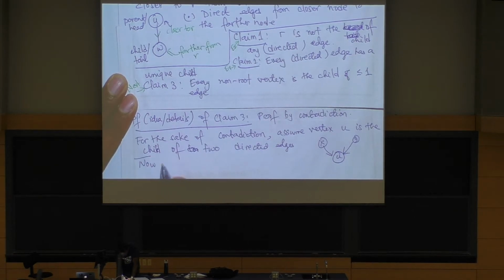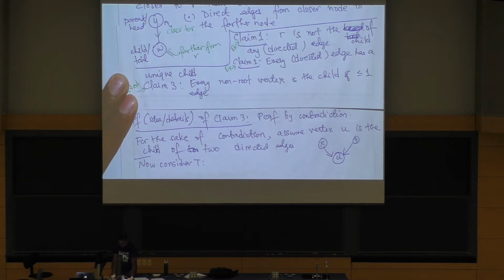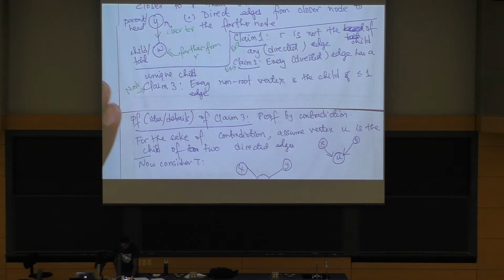So now consider the situation in T. Well, what's the situation in T? We're claiming there's an edge from X to U and Y to U, but there's no direction, right? So U to X and Y to U. Okay.